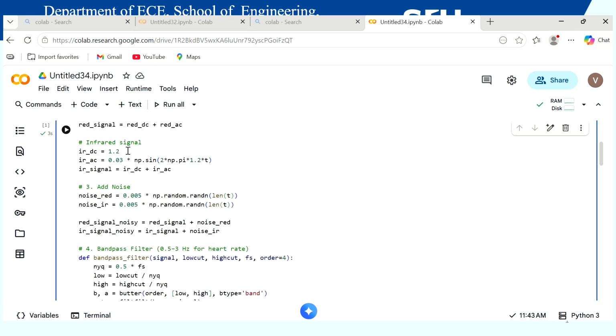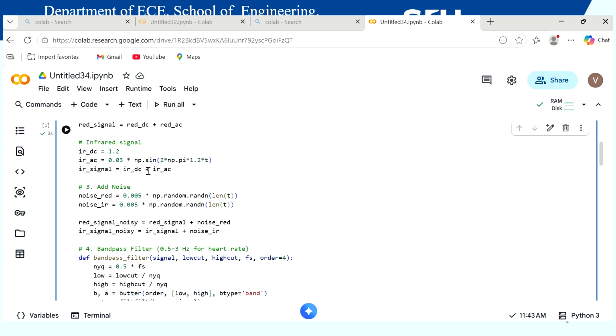Coming to the infrared signal, IR_DC is equal to 1.2, and IR_AC is equal to 0.03 multiplied by sine 2 pi 1.2 hertz, so the amplitude is 0.03. The IR signal is equal to the DC part plus the AC part.